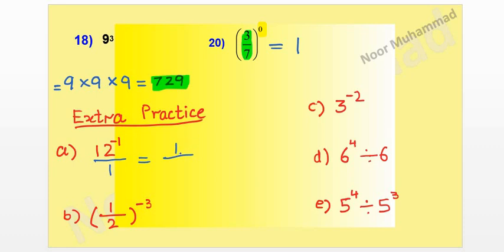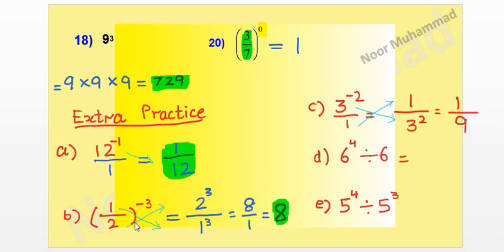But 1, whatever its power is, positive, negative, or 0, it remains 1. And what about this one? When 12 to the power negative 1 is moved to the denominator, it will become 12. Now solve the rest of the questions on your own and then play the video to check your answers.